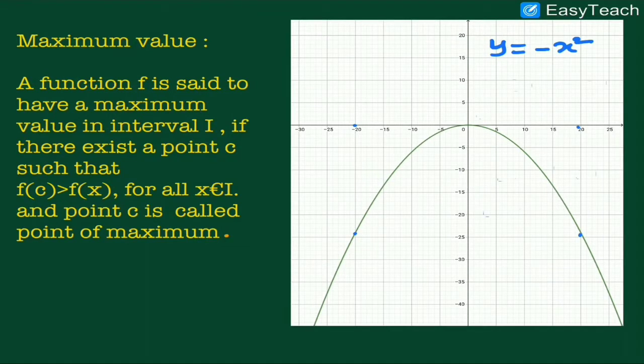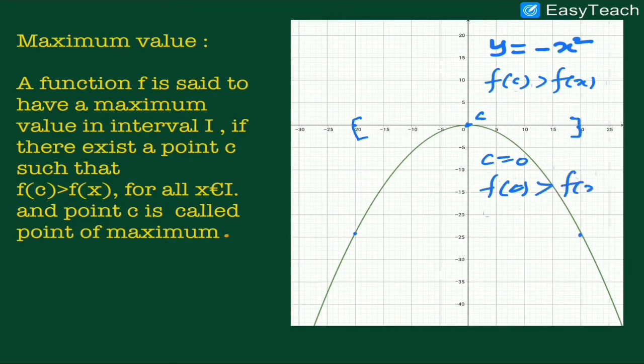Now see the graph. Take the interval minus 20 to 20 and suppose this point is c. Therefore f(c) is always greater than f(x), x belonging to this interval minus 20 to 20. Here c is equal to 0. Therefore f(0) is always greater than f(x), where x belongs to the interval minus 20 to 20.